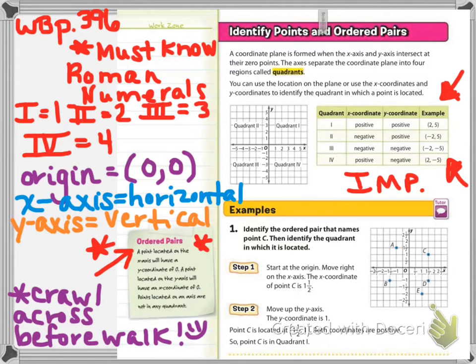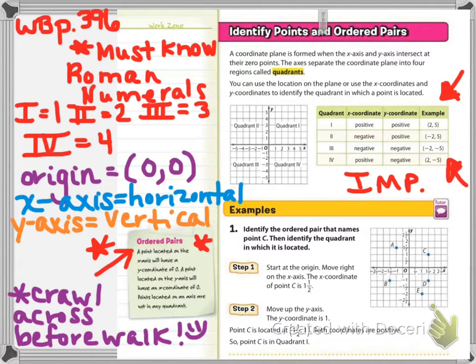For quadrant 2, the x is negative, then the y is positive. For quadrant 3, both integers are negative. And for quadrant 4, the x is positive, but the y is negative. So if you're moving below the x-axis, you're moving down into the negative numbers. If you're moving up above the x-axis, you're in the positive numbers.